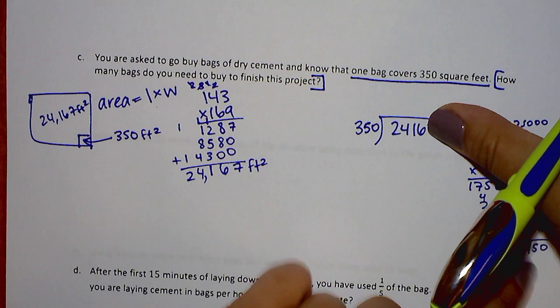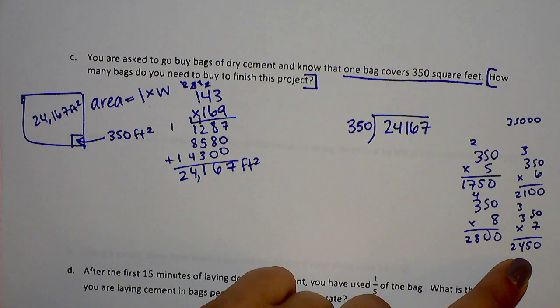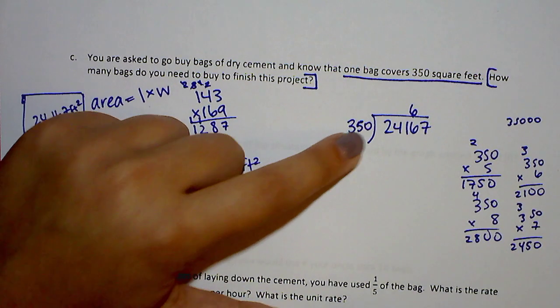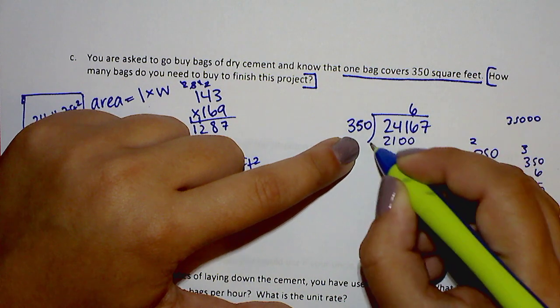Okay, it's not as big as 2,450, so we're going to go with 6, because 350 times 6 makes 2,100.